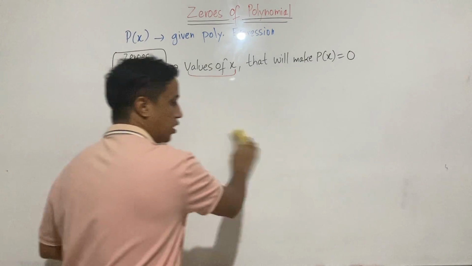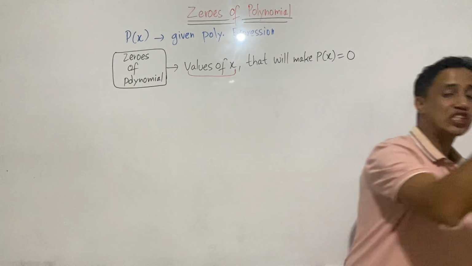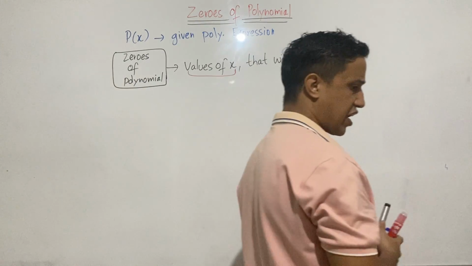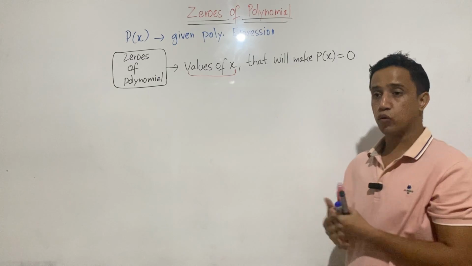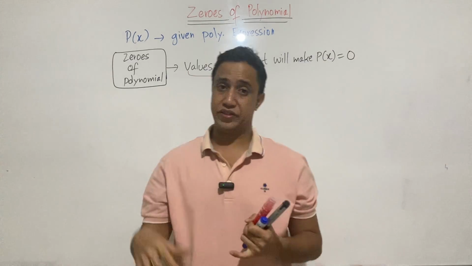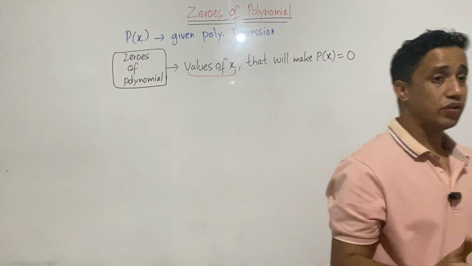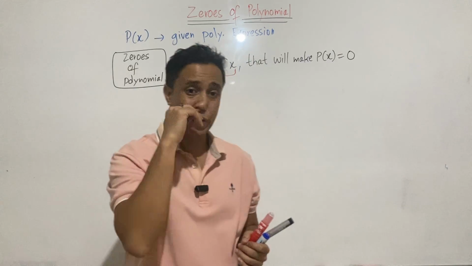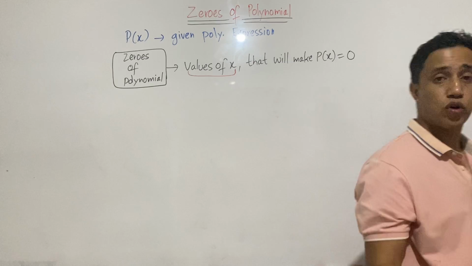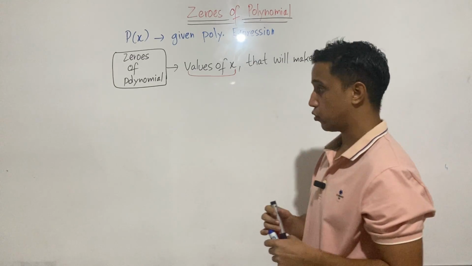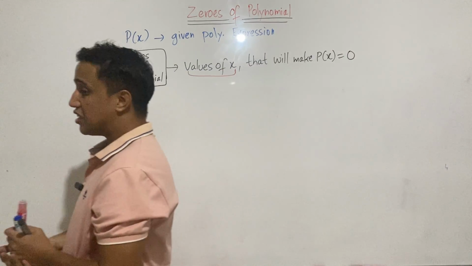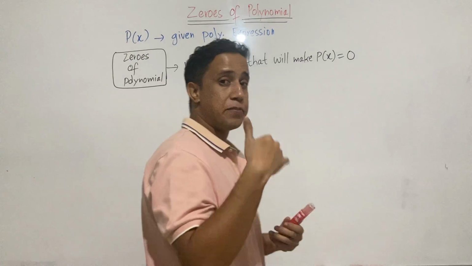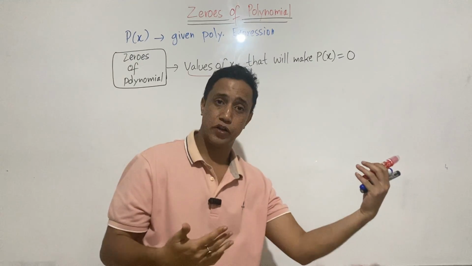Now, as we know, polynomials are of different types. We spoke about constant polynomial, degree 0, linear polynomial, degree 1, quadratic polynomial, degree 2, and cubic polynomial, degree 3. So the zeros of a polynomial depend on the type of polynomial.